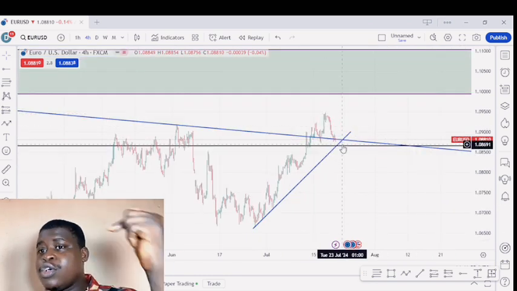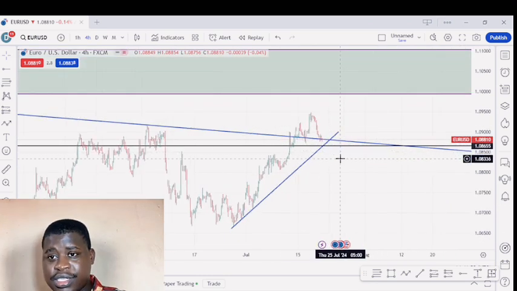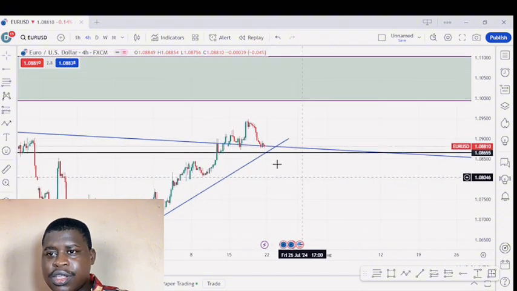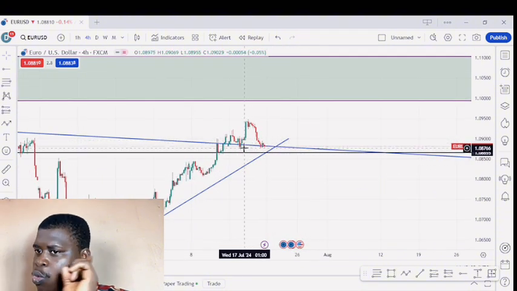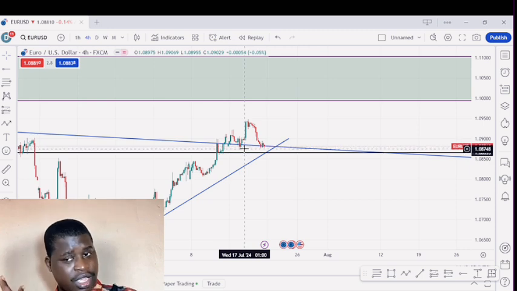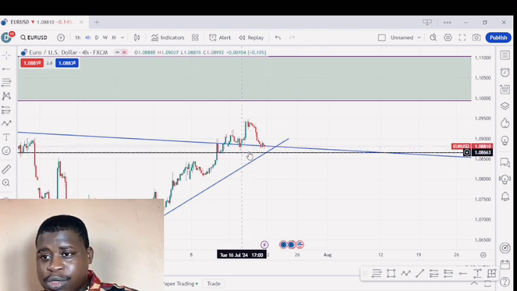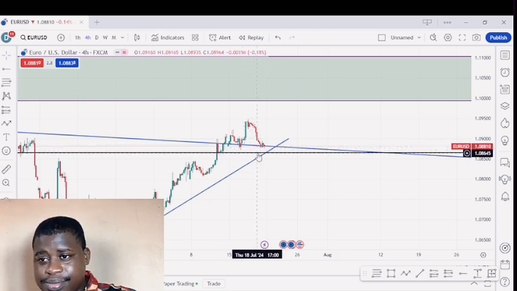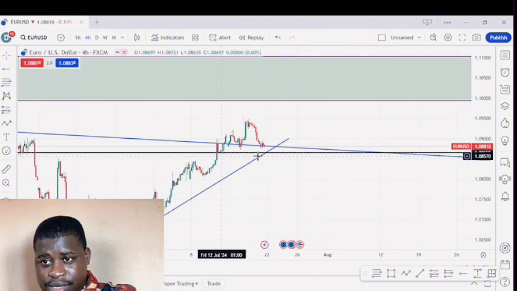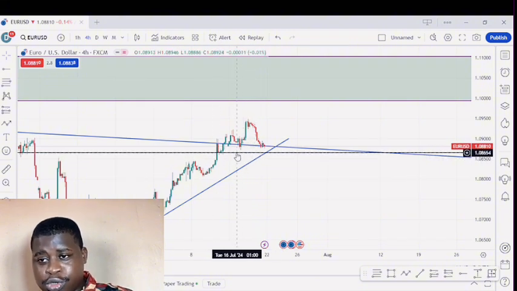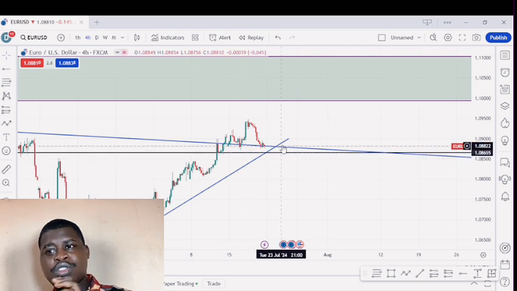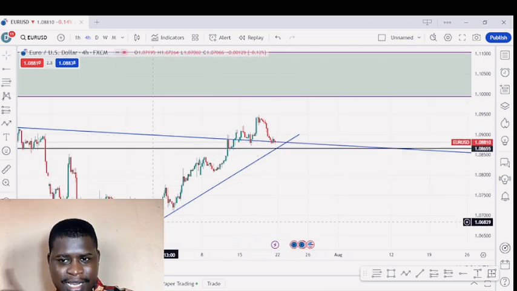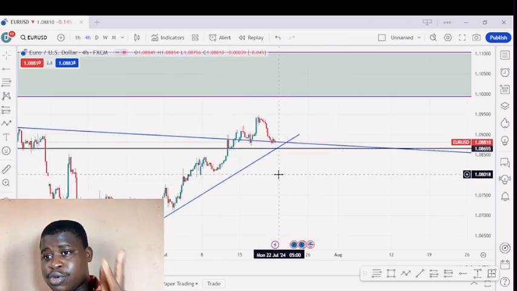Don't forget, we are on a bearish trend. Maybe the market wants to retest this trend line. One. The second one I'm thinking is maybe the market wants to come back to this horizontal line and retest it. Two. And the third one is it wants to retest this trend line as well. Those are three things I'm considering.